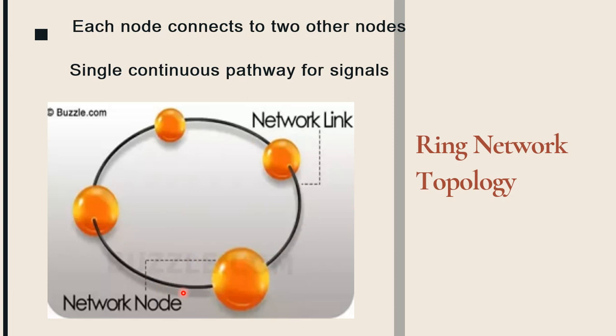The failure of a single node in the network can cause failure of the entire network. This is one most important disadvantage: the failure of a single node means failure of all the networks will occur. So this is the type known as ring network topology.